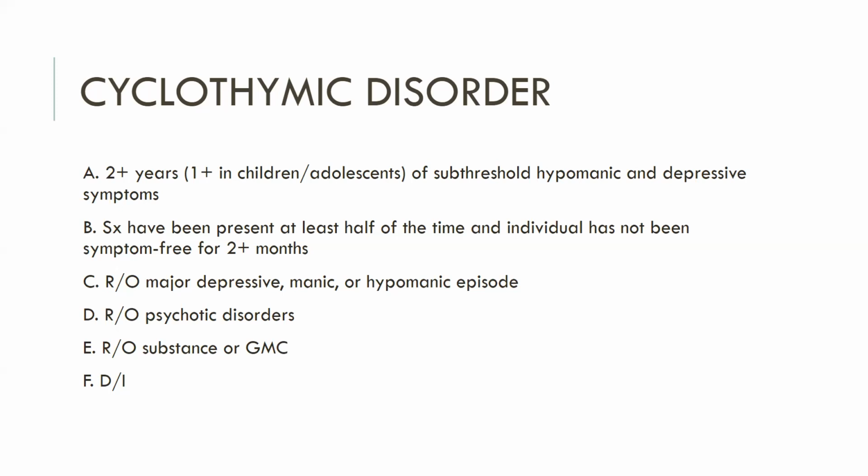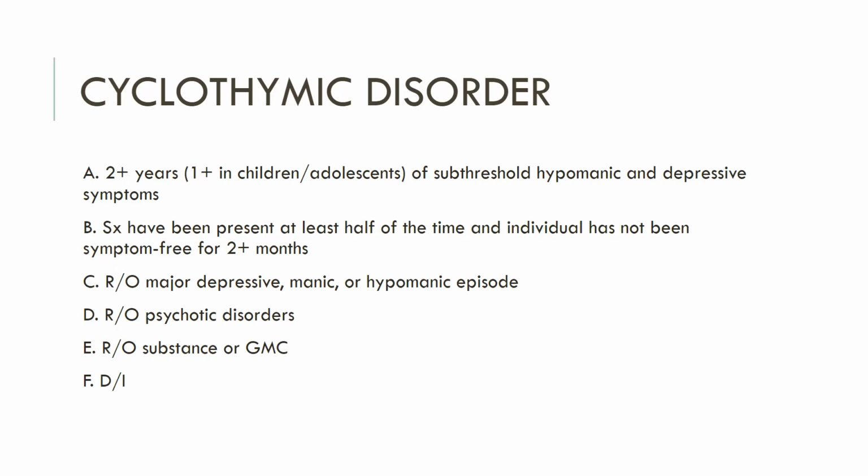The DSM simply tells us to reference the list of symptoms for hypomania and the list of symptoms for depression. And we're just looking for sub-threshold symptoms, meaning that the person isn't crossing that 3 or 4 symptom mark for hypomania, and they aren't crossing the 5 symptom mark for depression. So sub-threshold hypomania and depression.